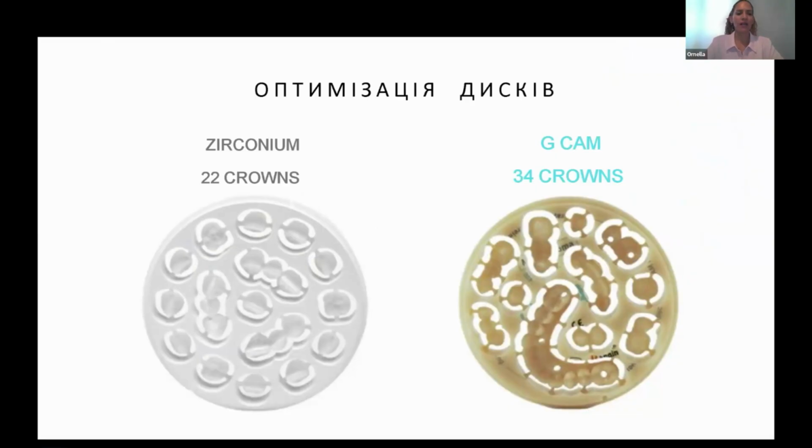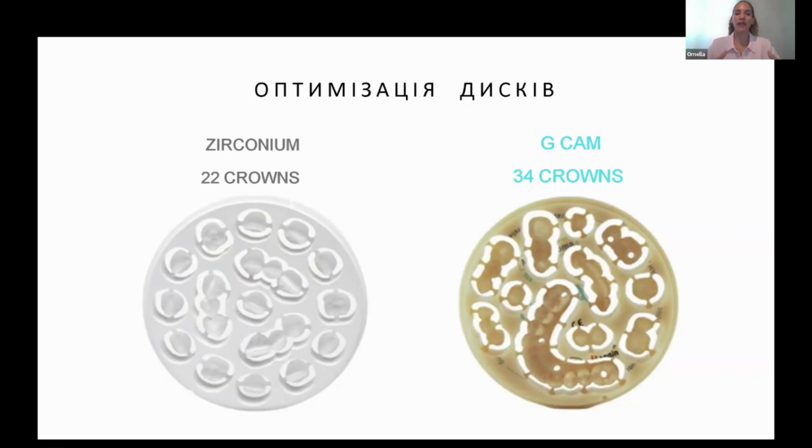In the first step, it's important to know that our material doesn't require any thermal process, okay? We could mill the product and finish the product. We don't need any sintering process. We don't need any thermal process in the oven, okay? So thanks to this, if we compare, for example, with a zirconia disc, we know that zirconia needs a sintering process.